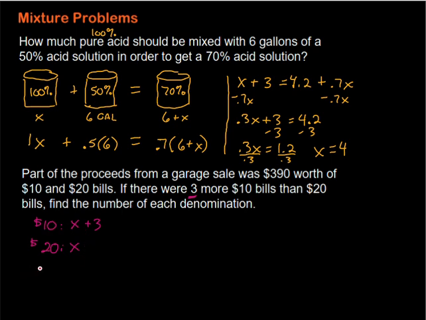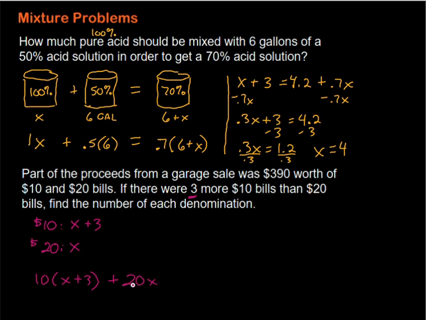So we're going to take 10 is the value, right, times x plus 3. That's how many of those we have. So this is the total value of the $10 bills we have, plus 20 times x.